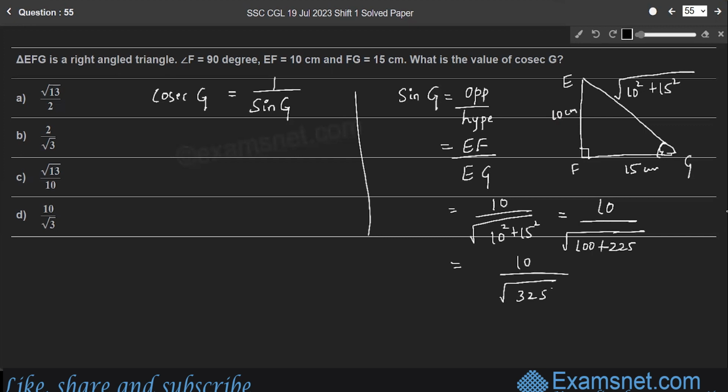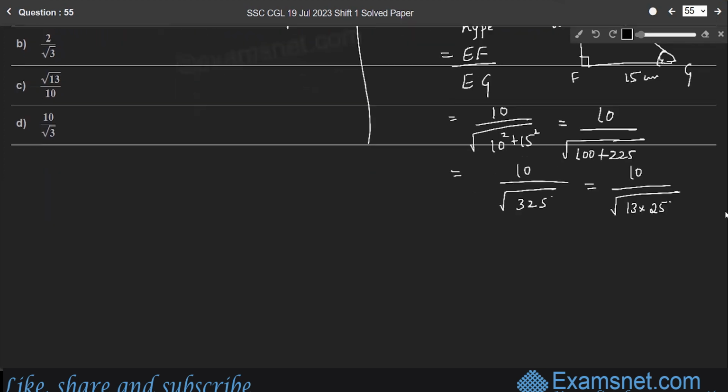Here 325 can be written as the product of 13 and 25.